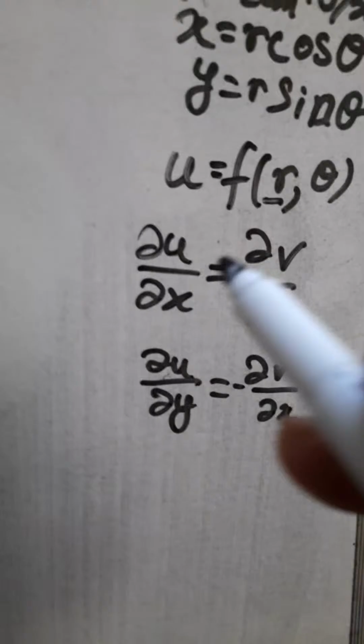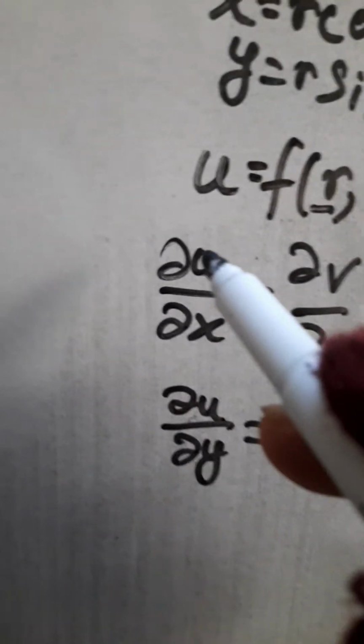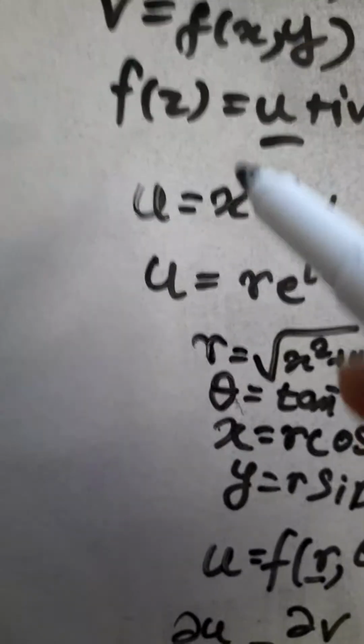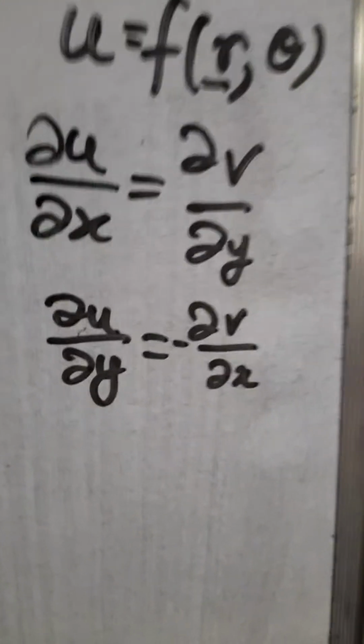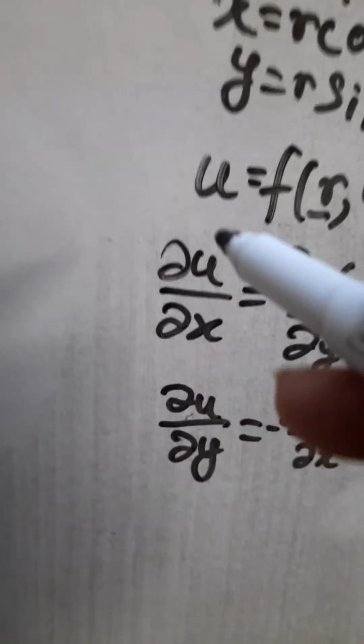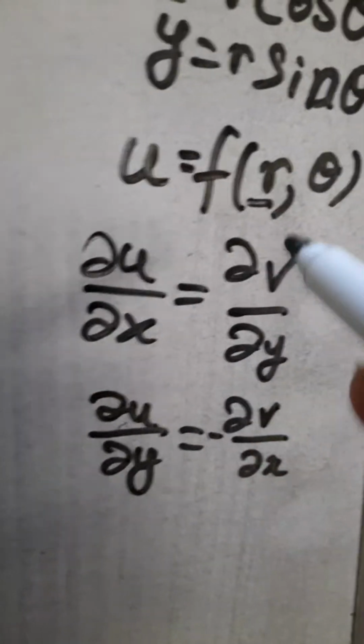So what is happening here is that both functions are there, and these are related, like I told you. The first function in u is x, and the first function in f of z is u. So both are first functions in their respective calculations, so they are related. So I do del u by del x equal to del v by del y.